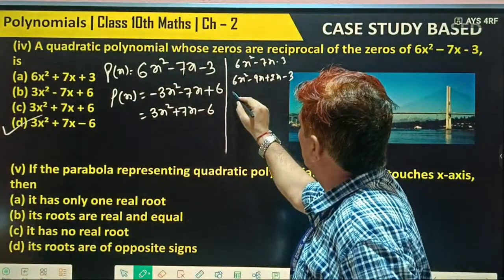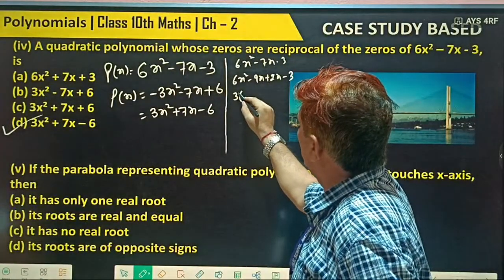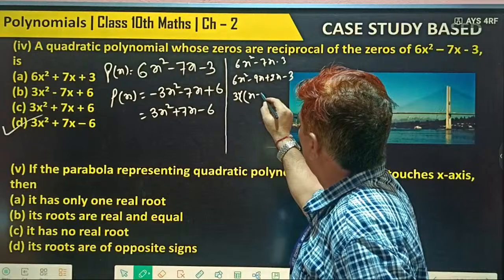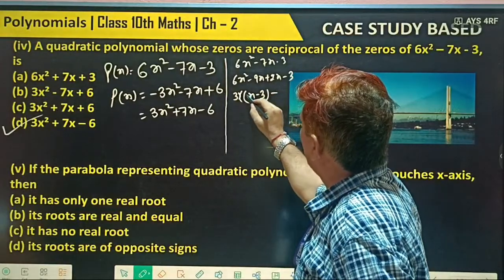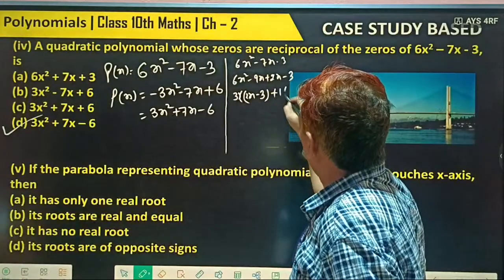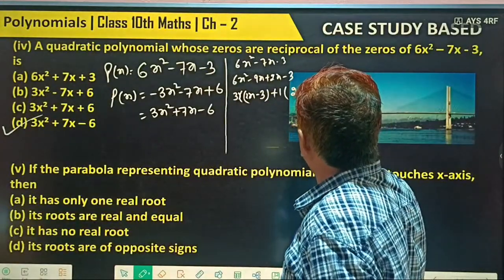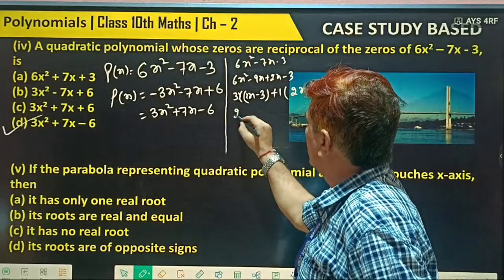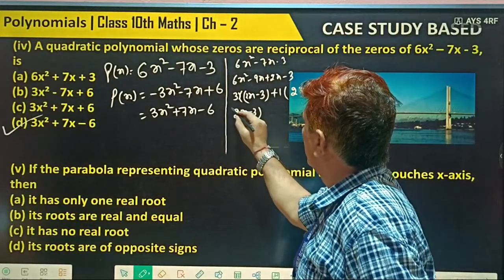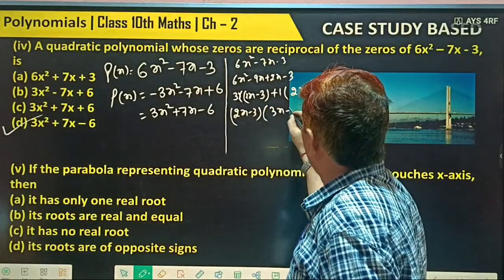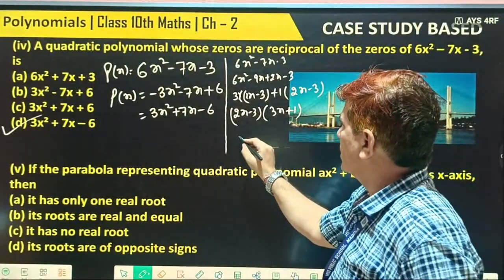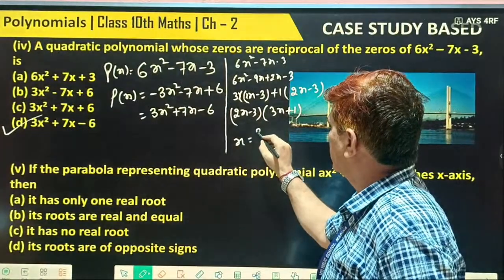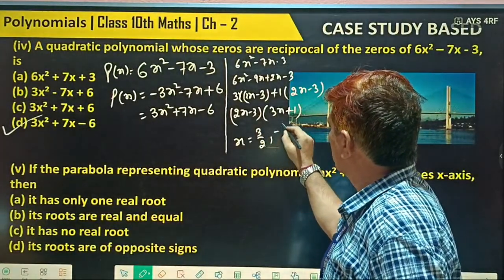So what's common? 3x common, so 3x(2x minus 3), plus 1(2x minus 3). So it becomes (2x minus 3)(3x plus 1). So its zeros are x equal to 3 by 2 and x equal to minus 1 by 3.